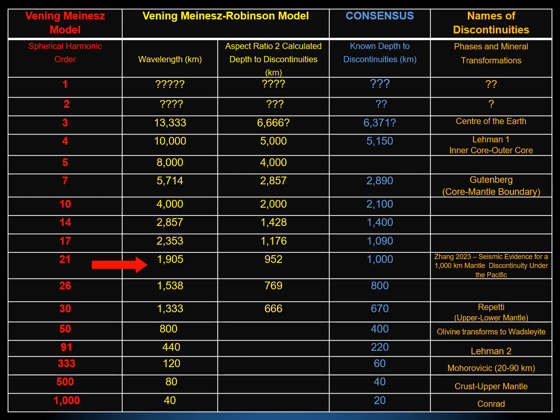Before proceeding, I would like to point out that at spherical harmonic order 21, Zhang, 2023, published a paper giving considerable evidence for a 1,000-kilometer mantle discontinuity under the Pacific. It seems likely that the various blanks we see in the names of discontinuities column will be filled out, completed in the future.